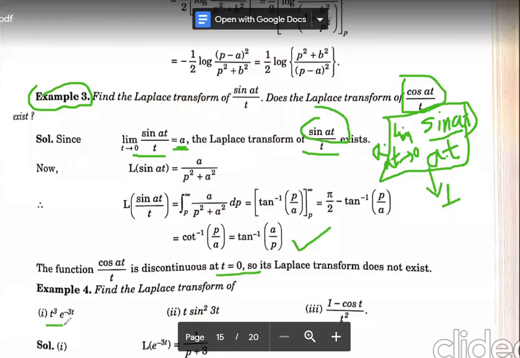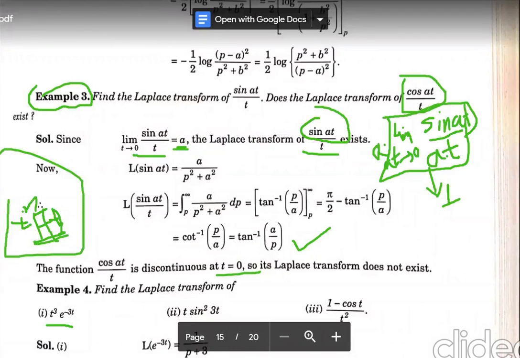Similarly, this one, t square into e to the power minus 3t. This is of the form t to the power n into f of t. So first you need to find the Laplace transform of this f of t, and then use the result for the Laplace transform of t to the power n into f of t. Here f of t is e to the power minus 3t. First you find the Laplace transform of e to the power minus 3t.